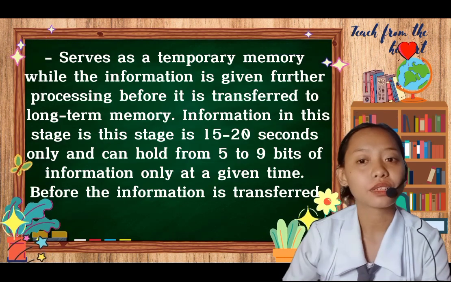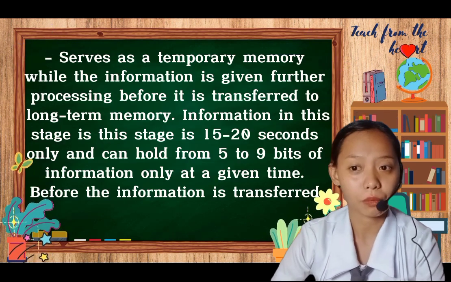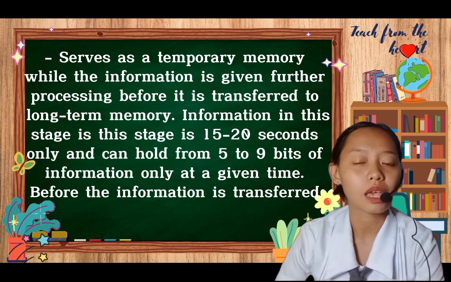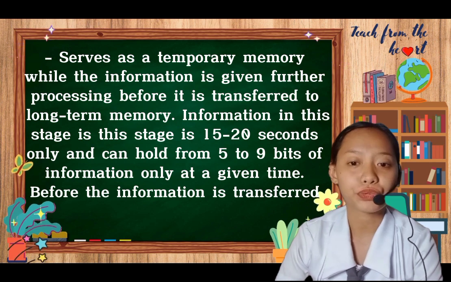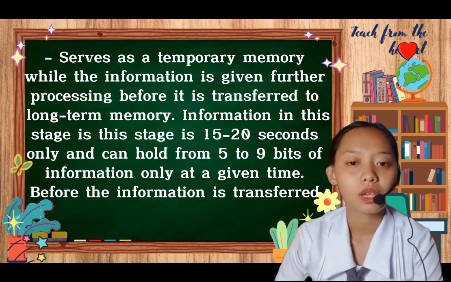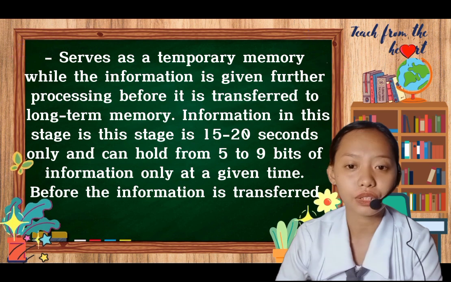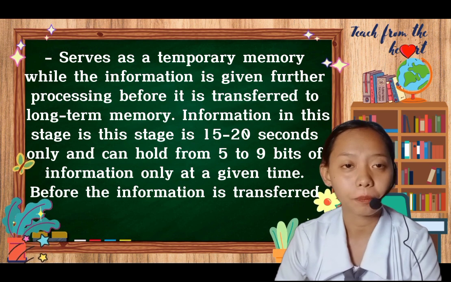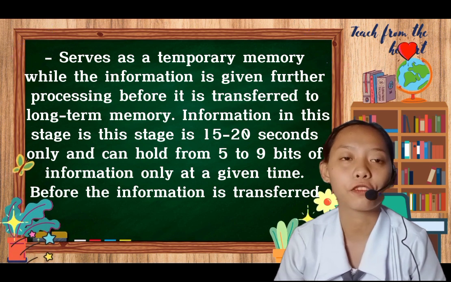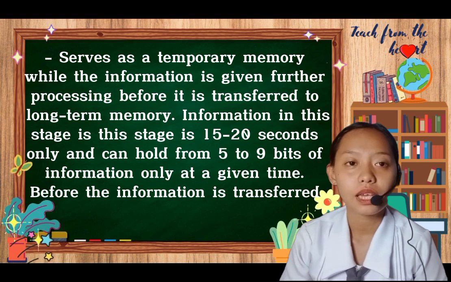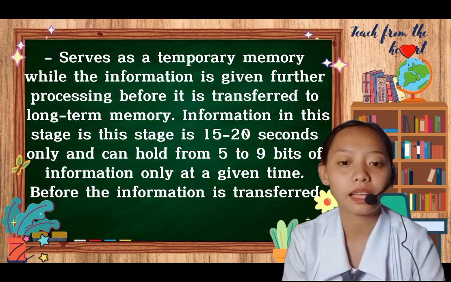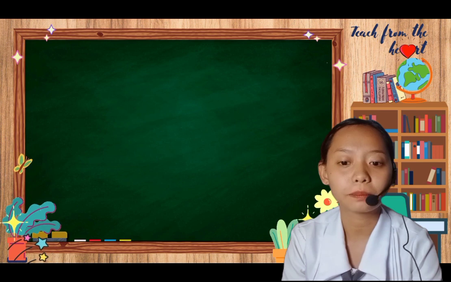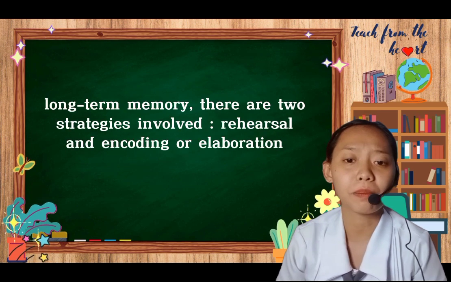Short-term memory serves as a temporary memory, while the information is given further processing before it is transferred to long-term memory. Information in this stage lasts 15 to 20 seconds only and can hold 5 to 9 bytes of information at a given time before the information is transferred to the long-term memory.